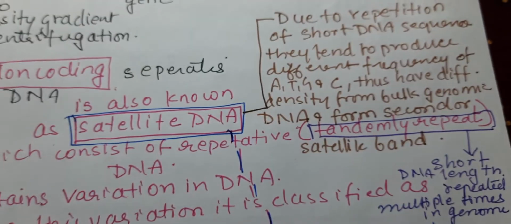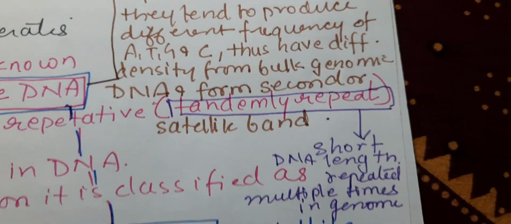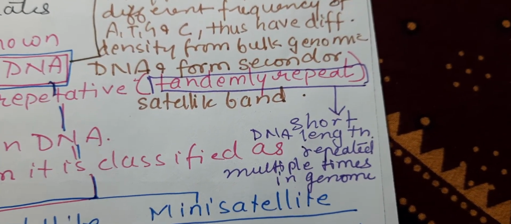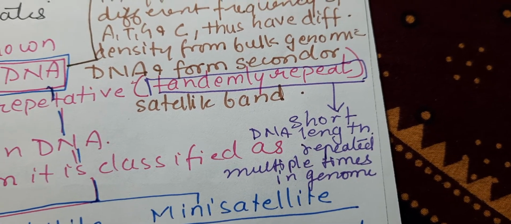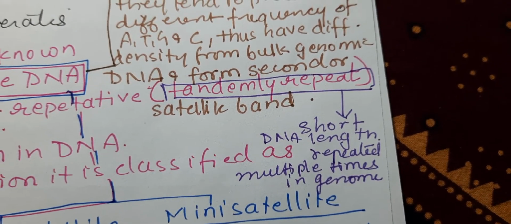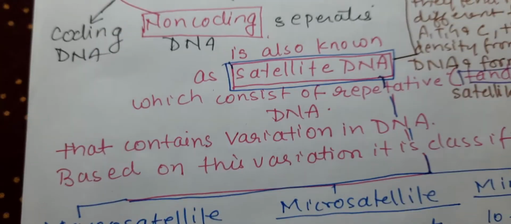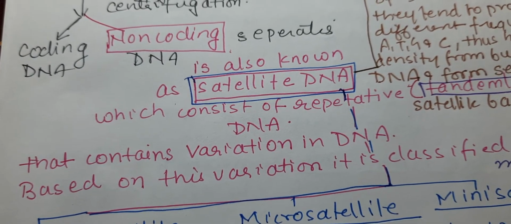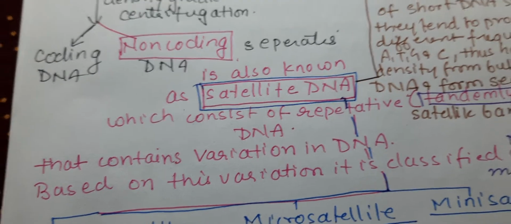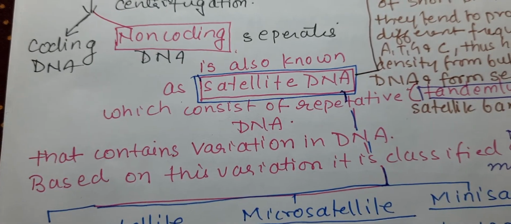These satellite DNAs usually have repeats which are called tandem repeats. Now what are tandem repeats? They are short DNA lengths repeated multiple times in the genome, adjacent to each other. So satellite DNA consists of repetitive DNA which repeats in a tandem way, and it contains the variation in the DNA.